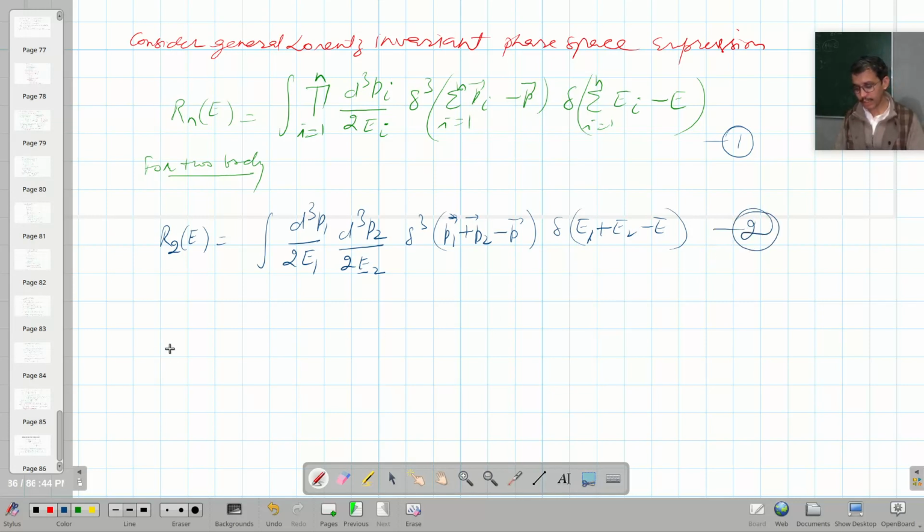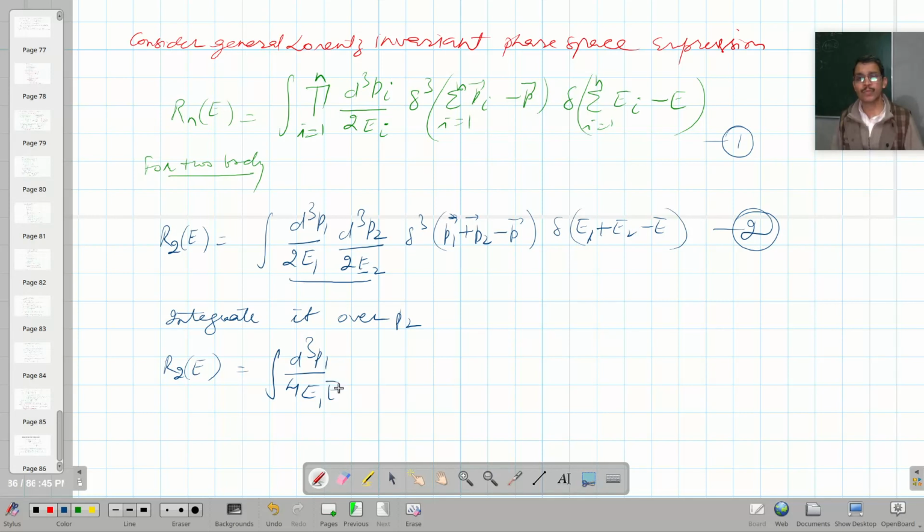Now let us integrate it over p2. When I integrate it, I can write R2(E) as the integral of d³p1 over 4E1E2, delta of E1 plus E2 minus E, times the integral of d³p2 delta³ of p1 plus p2 minus p.